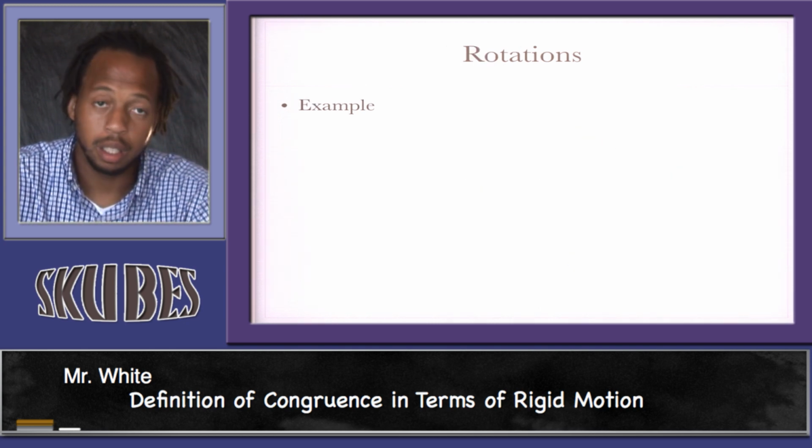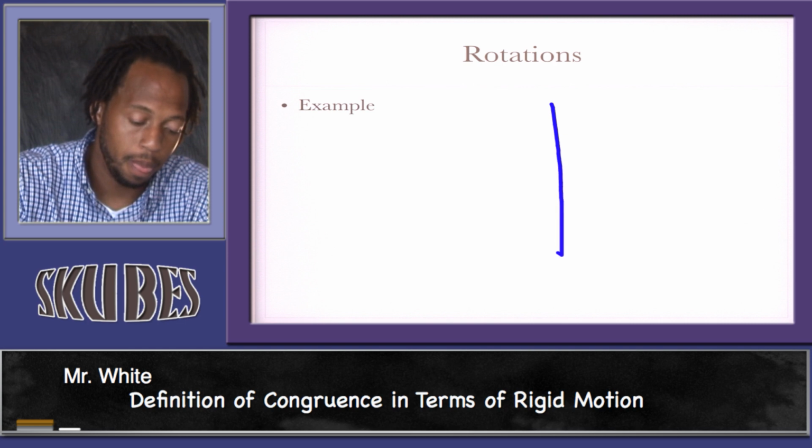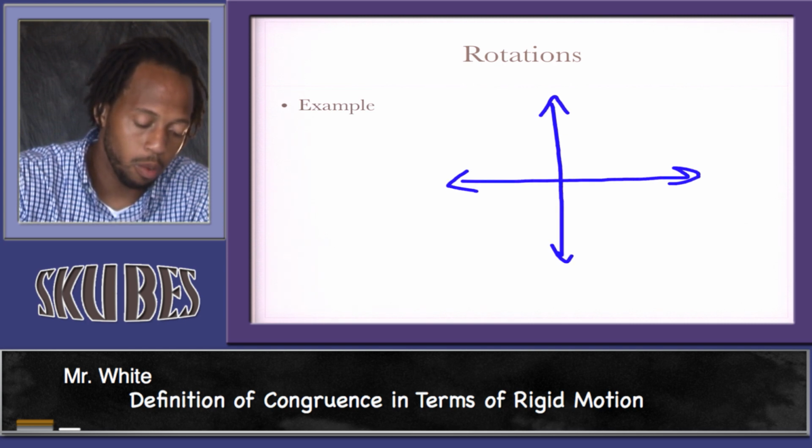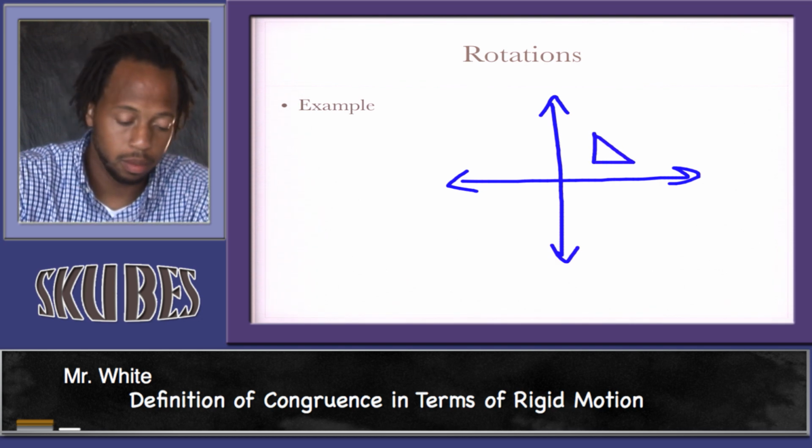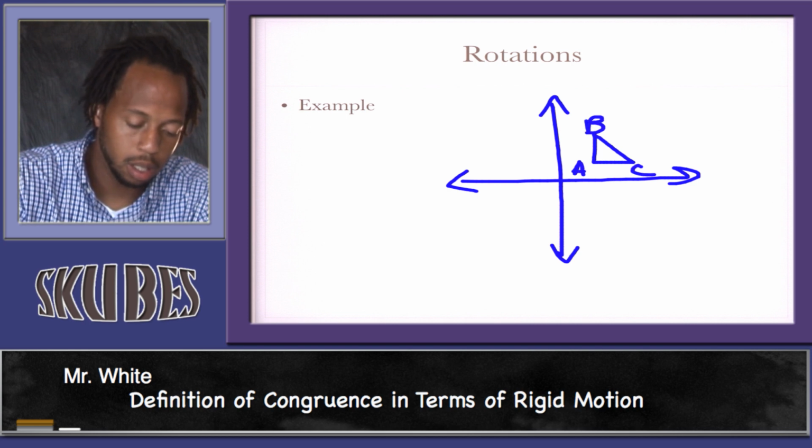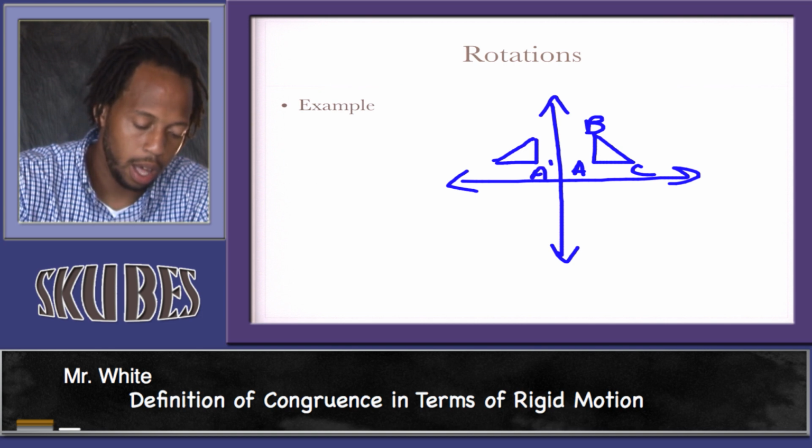Next, a rotation. Another name for a rotation is a turn. We start out with the pre-image ABC, and we're going to rotate this pre-image to form the image A prime, B prime, and C prime.